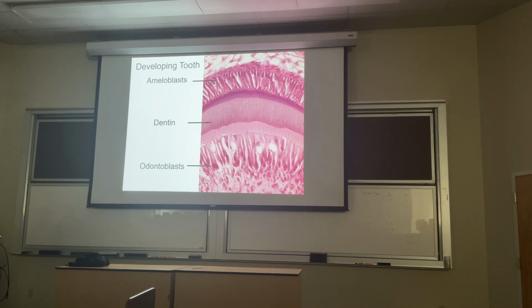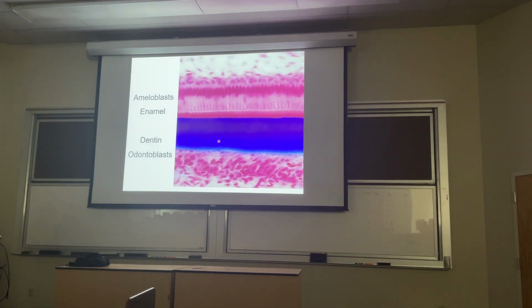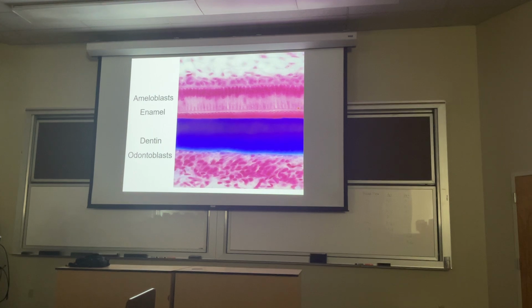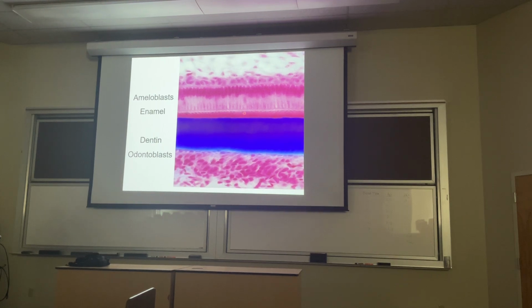We're going towards maturation here. This is kind of a nice look at these ameloblasts, how they're lined up like soldiers. There's the nuclei. See how columnar they look, these ameloblasts? And then here's your enamel, and here's your dentin.